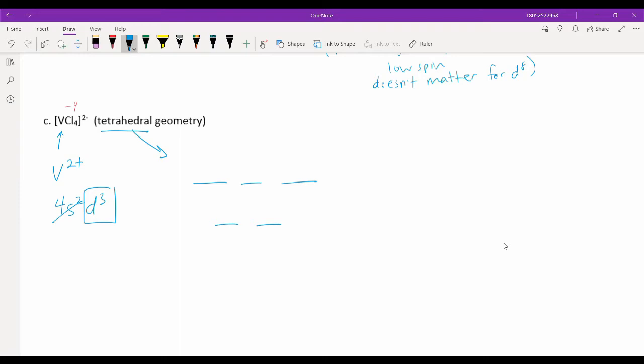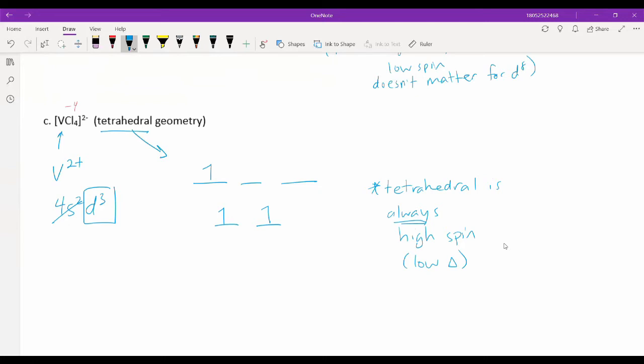And when you fill these in, again, we don't need to worry about high spin, low spin for tetrahedral because they're always going to be high spin. So tetrahedral is always high spin, or again, what that means is small delta.